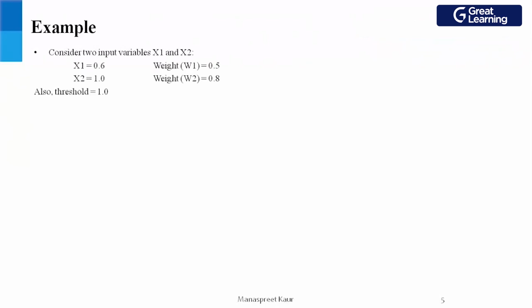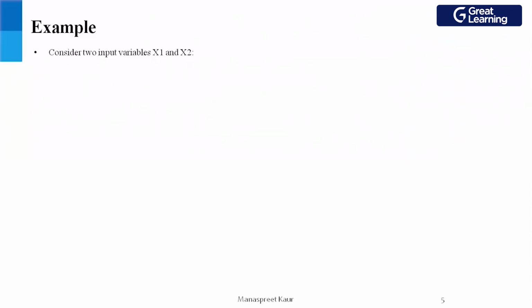And you've also been given a threshold of 1. In simple terms, the first step is the transfer function, what we saw in the previous slide. A sum product will happen here: 0.6 into 0.5 plus 1 into 0.8. That gives you 1.1.